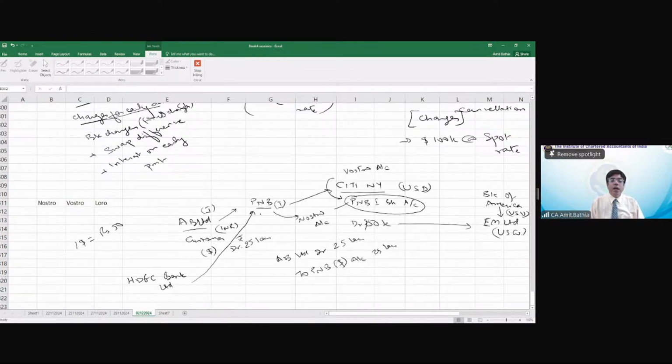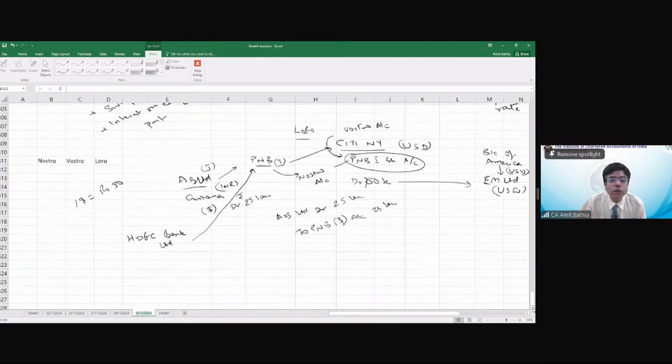Can you please do that on our behalf? So for HDFC, this account of Punjab National Bank, from which the payment will eventually be made, is called Loro account. So nostro, mine; vostro, yours; Loro, theirs. HDFC does not have their own account. It is a third party account altogether.